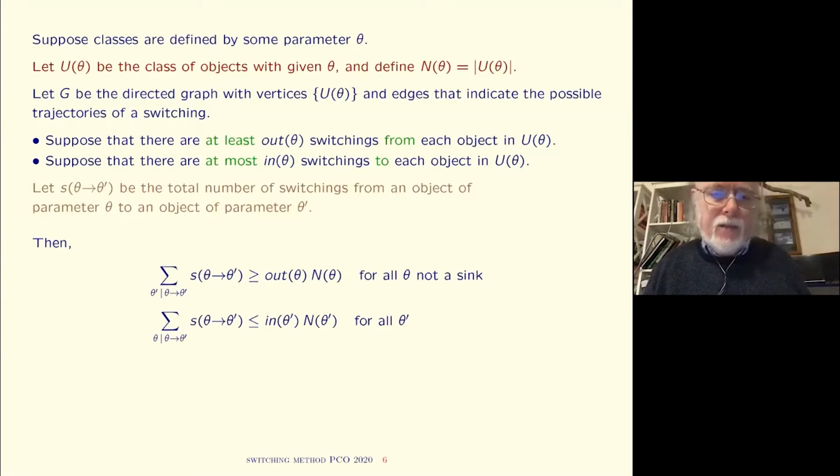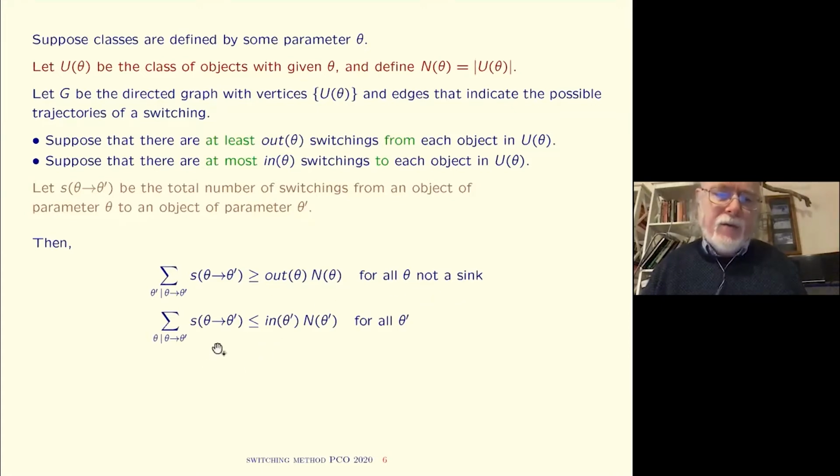So the sum over all of the out neighbors of theta, the total number of switchings coming out of theta, is this summation here. And that has to be at least out of theta times the number of objects in theta. That's just the definition of out. And this is only if theta is not a sink, otherwise you don't have this inequality.